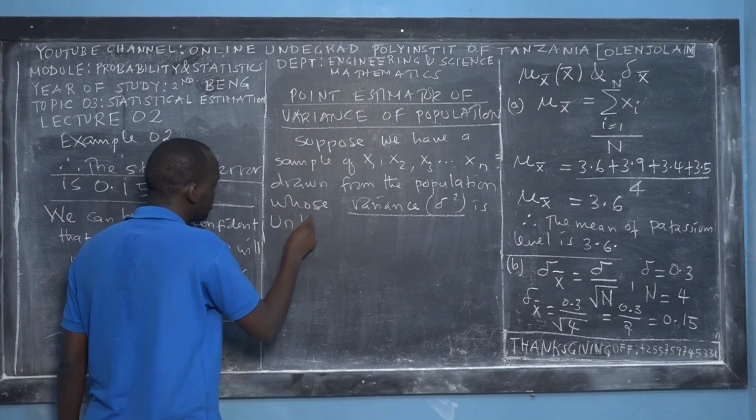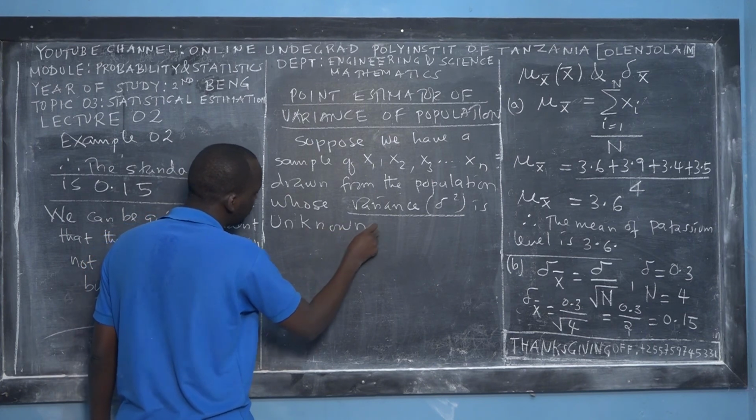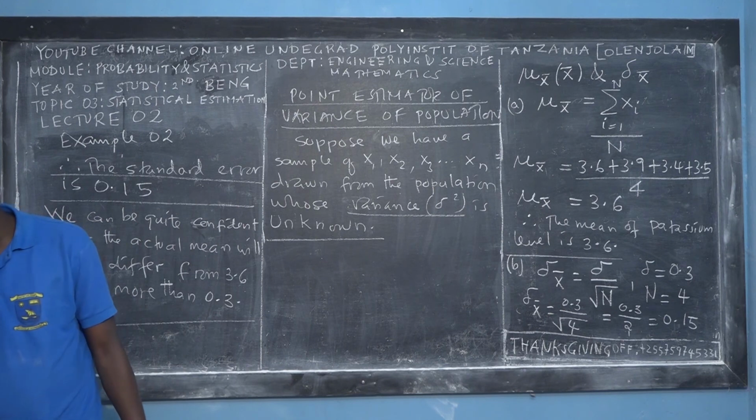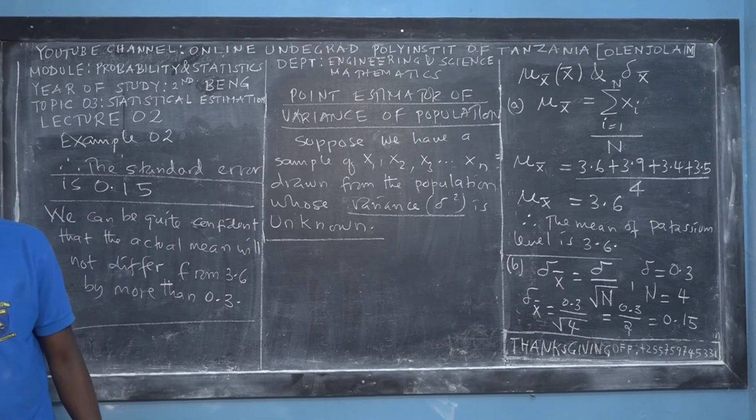Unknown. So whose variance is unknown. So then we want to determine the variance using the sample data.